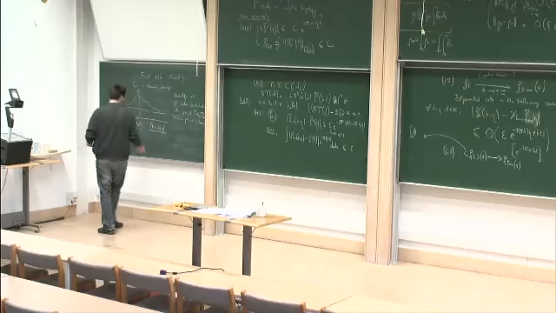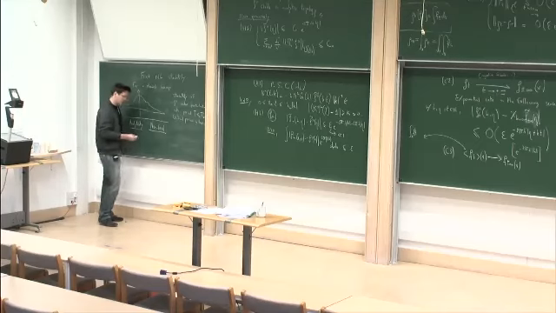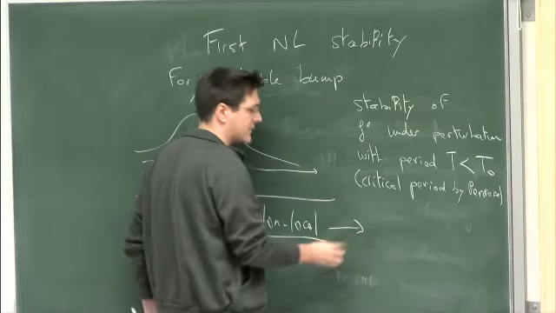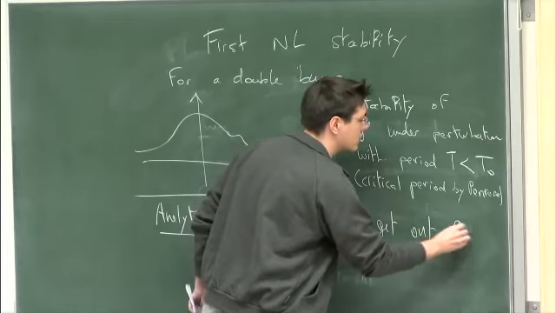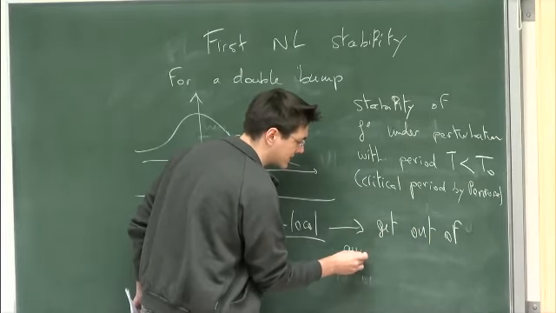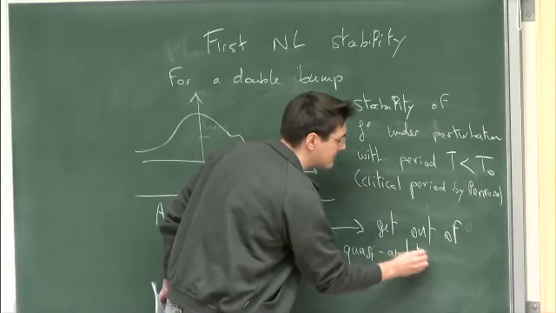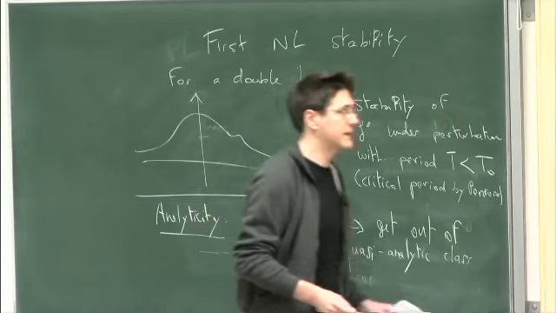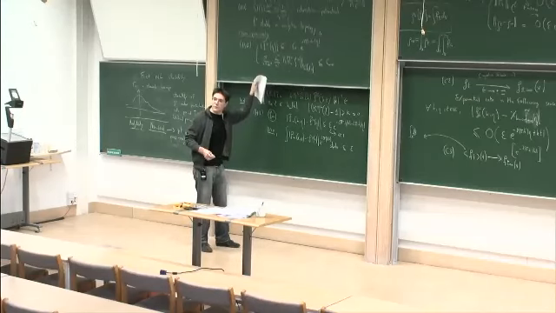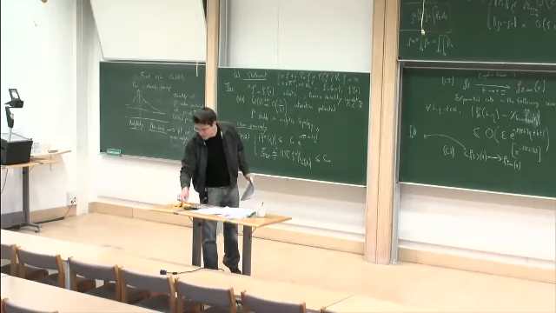Every modification on a countable number of points will impose your whole function, because more or less these are generalizations of polynomials. To get out of this, we want to get out of the so-called quasi-analytic class, which is the class of functions where the whole function is uniquely determined by anything done locally, because we want to be able to make a perturbation of our profile only on some small compact set.